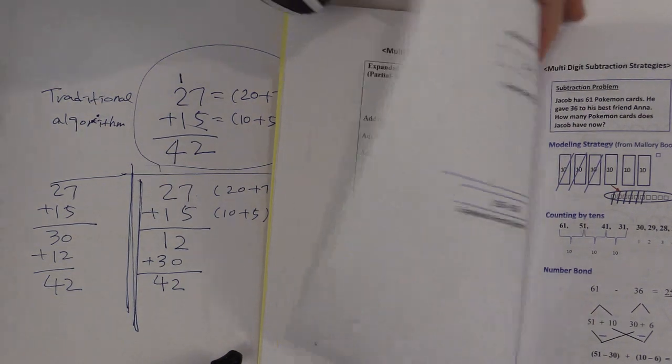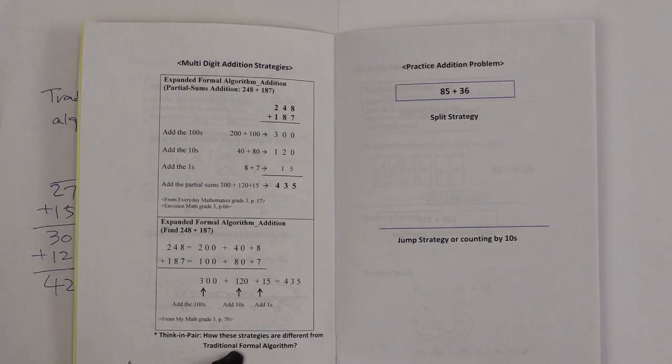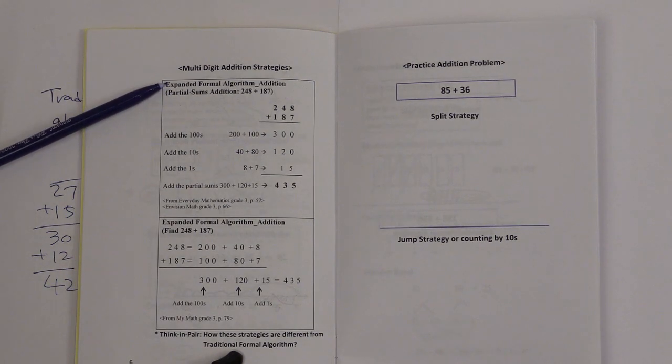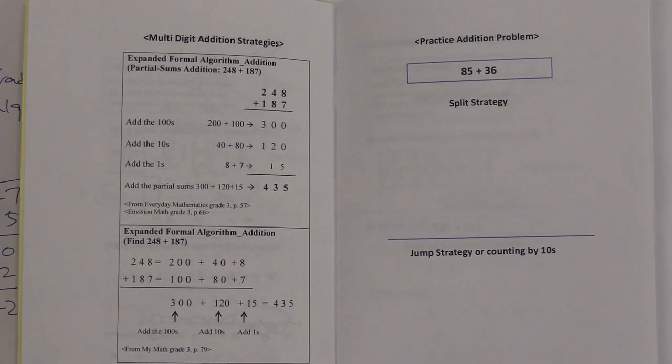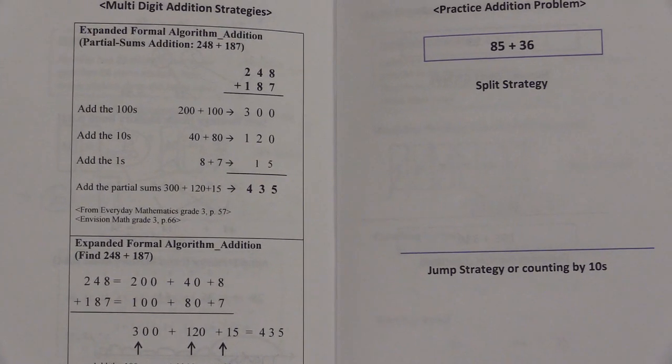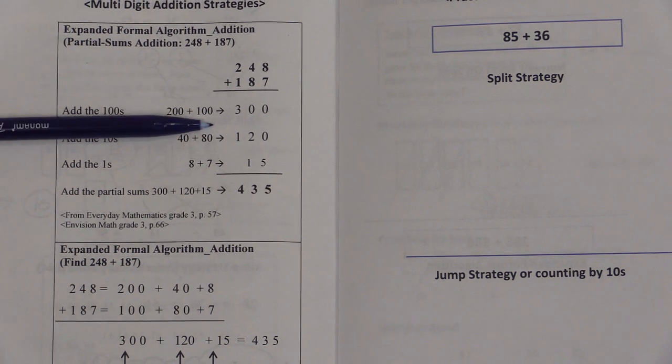So let's go back to page 6 in your strategy book. You see this is an example of the expanded formal algorithm. I want to add 248 plus 187. What do I do here? I add the hundreds first: 200 plus 100.